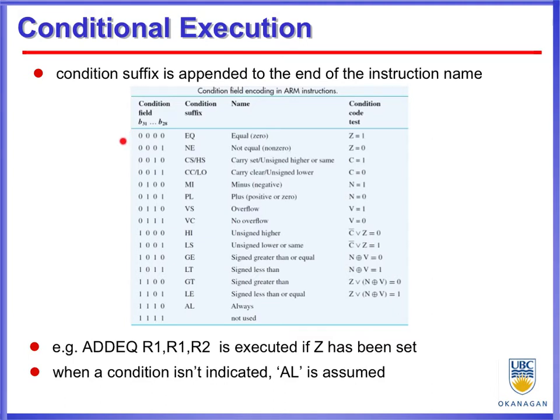So that's what we're talking about now. If you have one of these conditional suffixes like equals or not equals or greater than, when you encode that instruction, these 4 bits have to be set according to this table. That's what the assembler does. That means, for not equals, the first 4 bits of that 32 bits of that instruction are 0001.